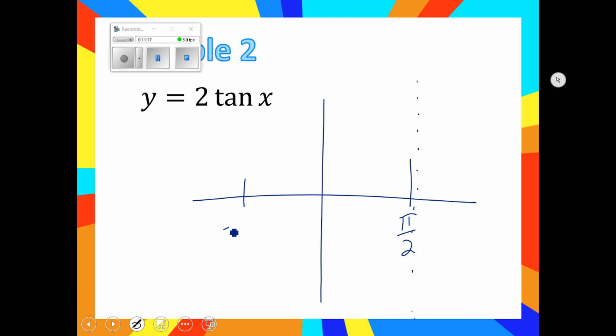At negative pi over 2, we have our vertical asymptote. You with me so far? The basic one, we know, goes like this, then it goes to 0.5, then it goes to 1, then it goes to this, and it heads up like so. And then same thing down here, negative 0.5, negative 1, negative 1.7, and so it's going to go down like this and head towards those asymptotes. That's your basic.